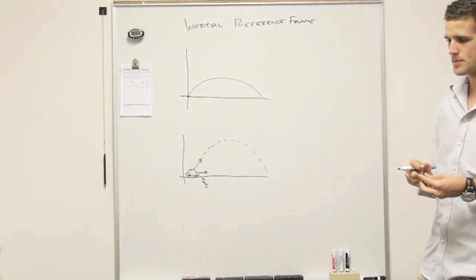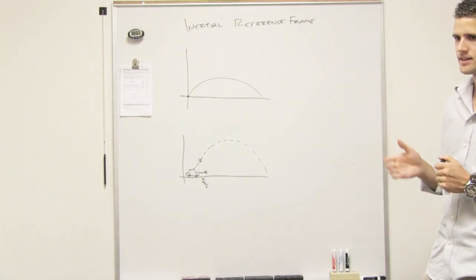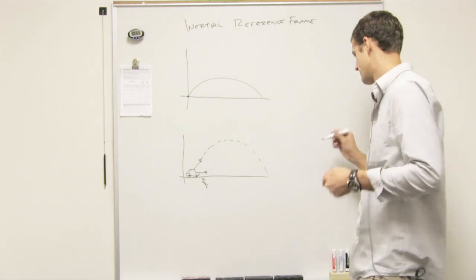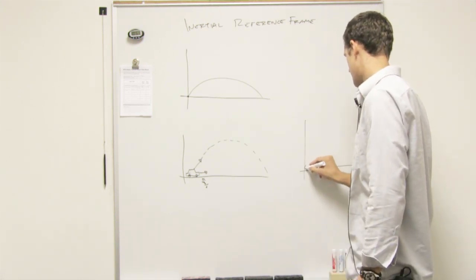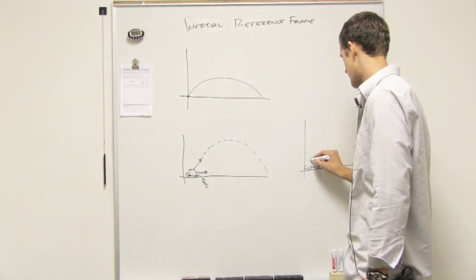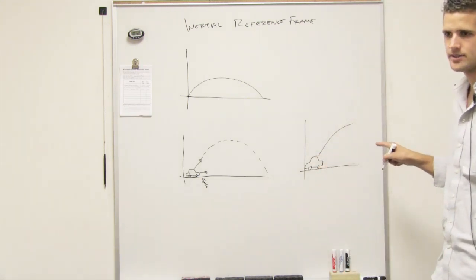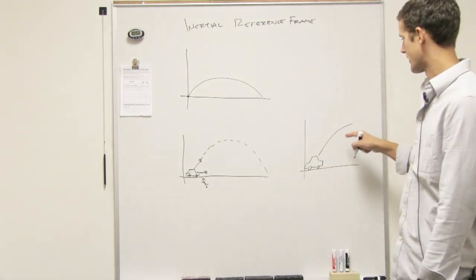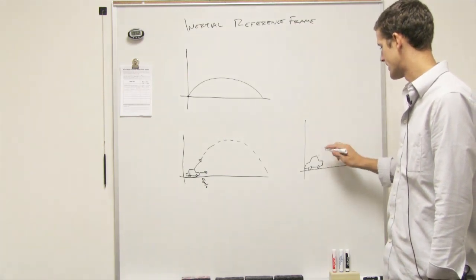If you're trying to figure out the path of the ball compared to a car that's accelerating, say you just start at 0 and throw your ball out the window of the car, and then you speed up to try to catch the ball. Well, to the car, it's going to kind of look like this, right?